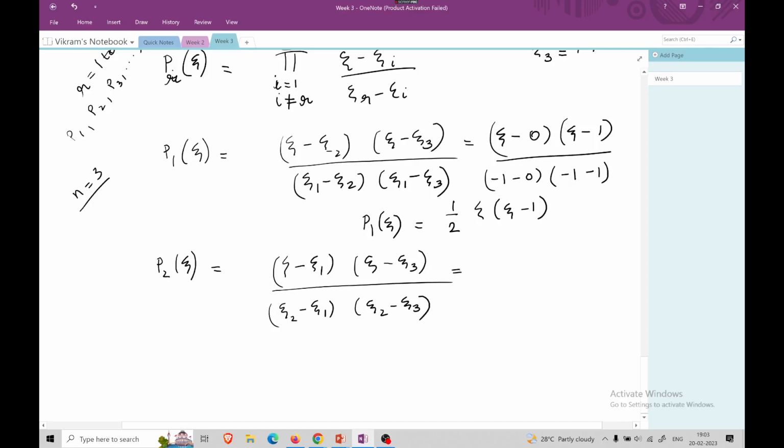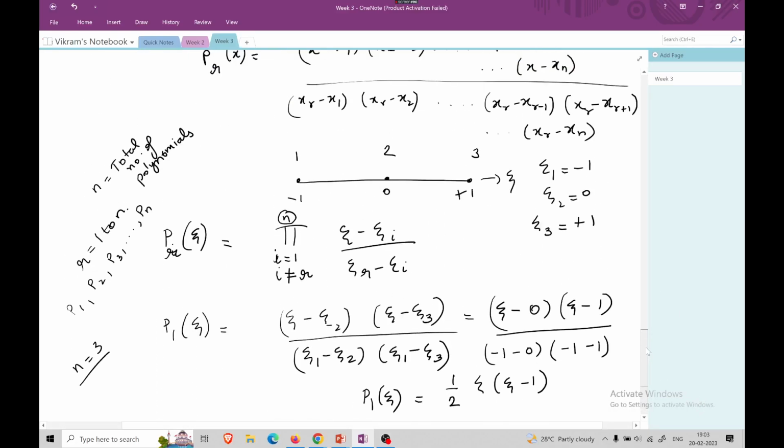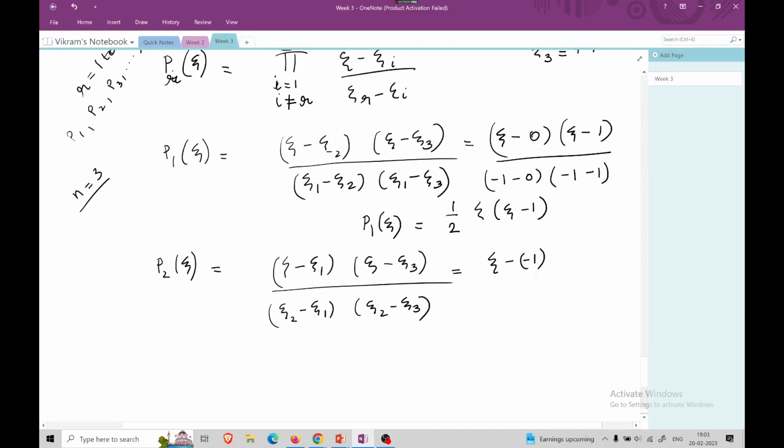So if I have to substitute eta minus eta 1, you have to refer to this diagram. Eta, this is 1, this is 2, this is 3, and the values are minus 1, 0 and plus 1. Eta minus eta 1, eta minus eta 3, so this is minus of plus 1, which is minus 1.